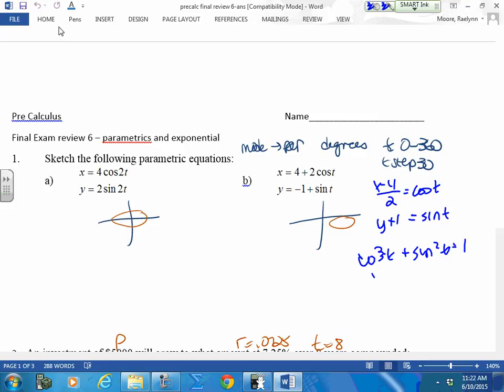So if you plug this in, put it over 1. Okay, and so this will kind of show me that I have a center at 4, -1. This will kind of show me that my x is going over 2, my y is going up 1.